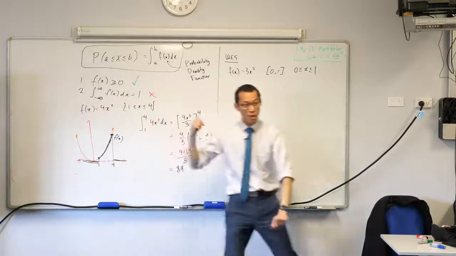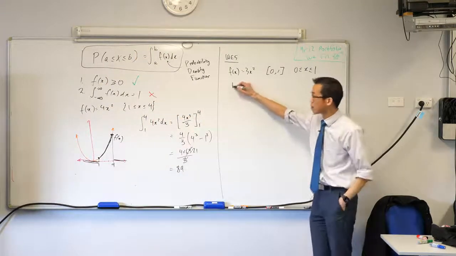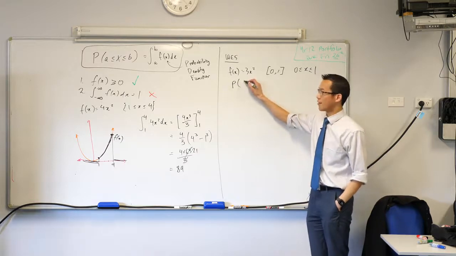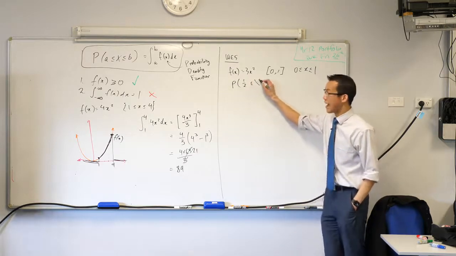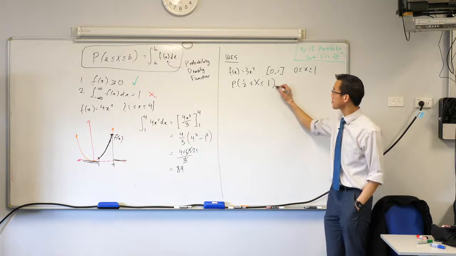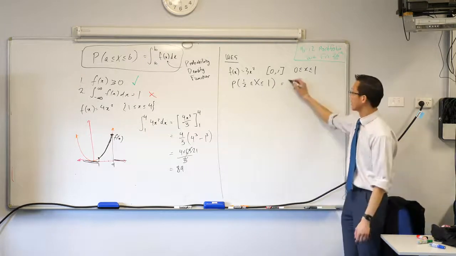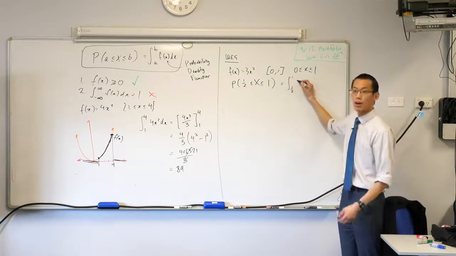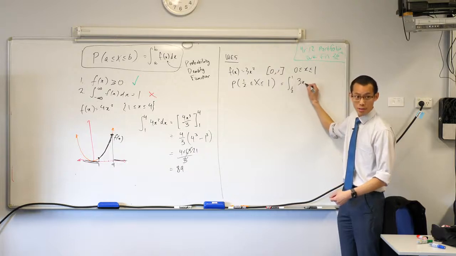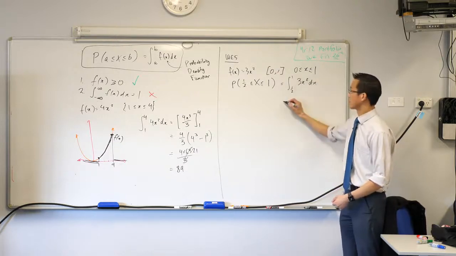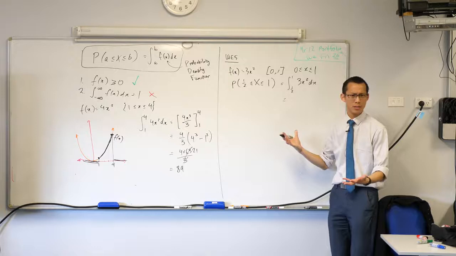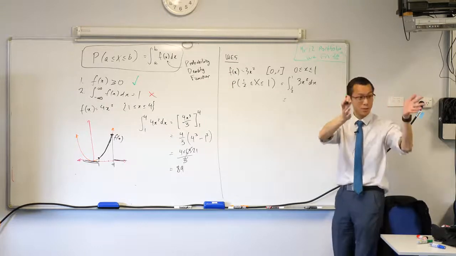So I'm just going to go straight from that definition, and I'm going to say the probability of a half is less than or equal to x is less than or equal to 1 equals, and then I write my integral from a half to 1 of 3x squared, that's what they gave us, with respect to x. Happy? And then you're like, okay, I'm in calculus mode now, right?